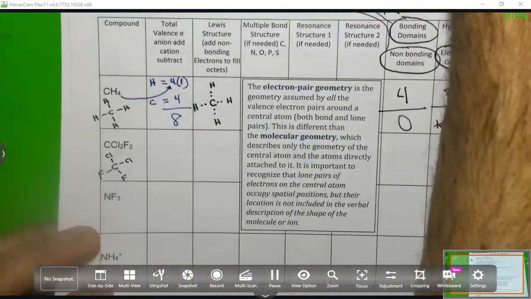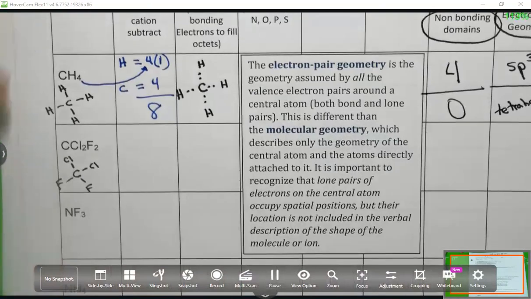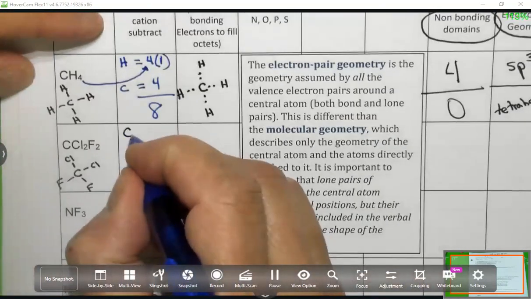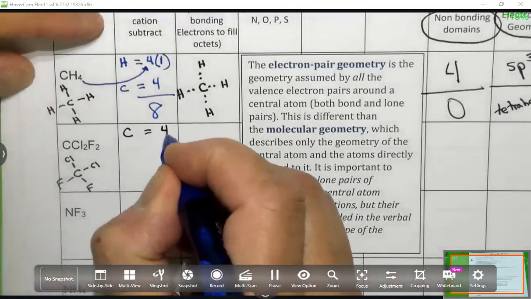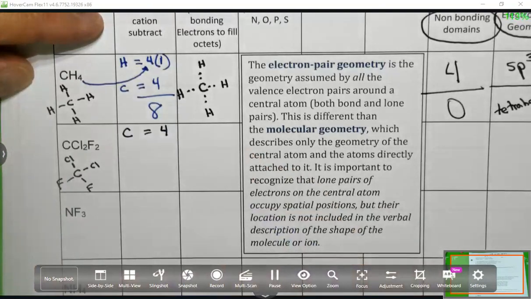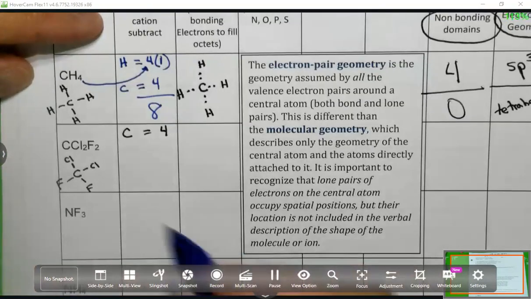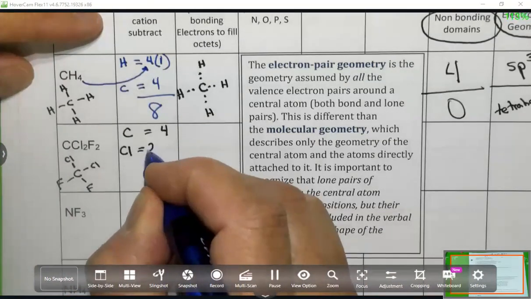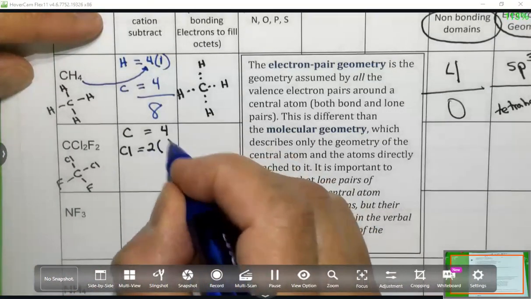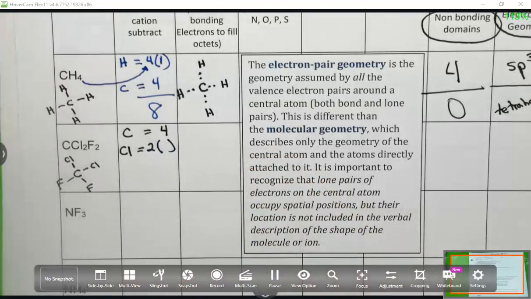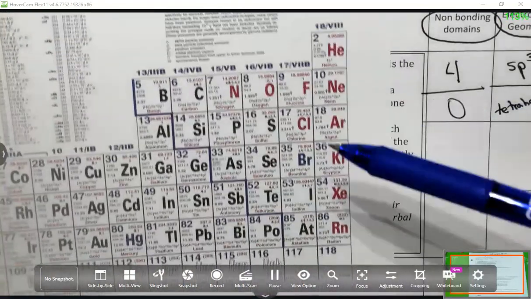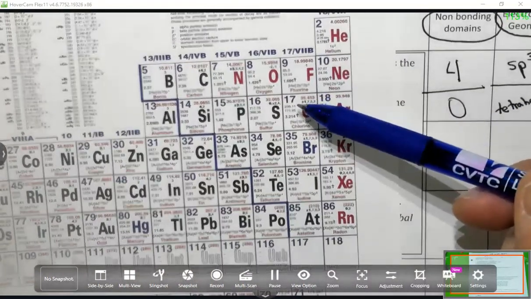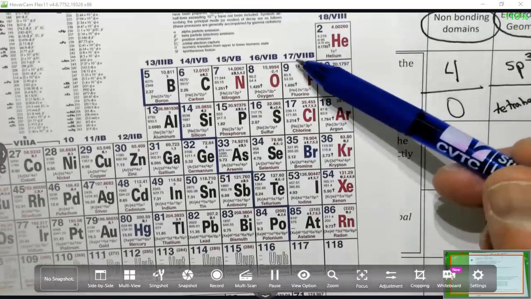All right, we need to do our total valence electrons. Carbon has 4, group 14. Cl, 2 times what? Cl is in group 17 right here, right?